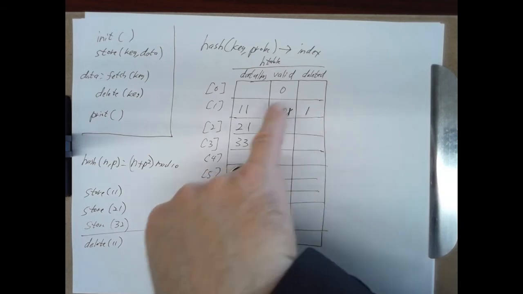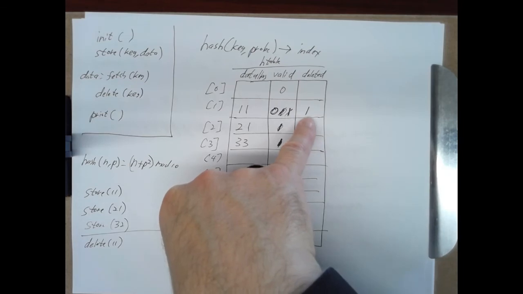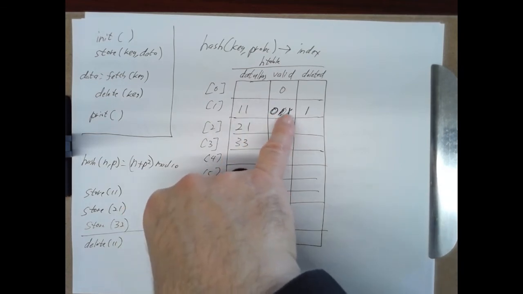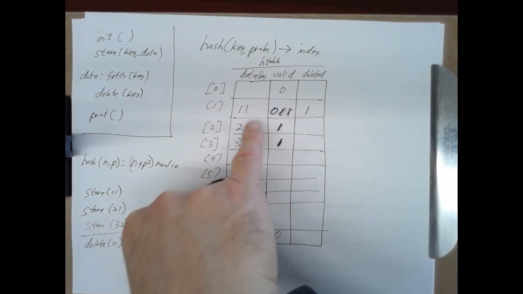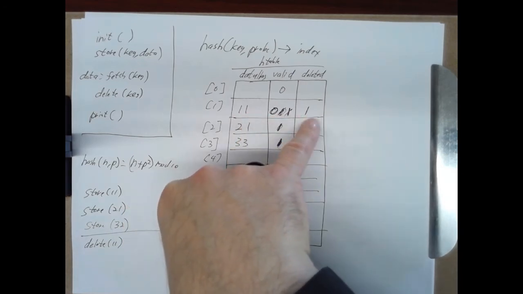When you search for something, if it's not found at this location but it was deleted, go ahead and rehash and search again. When you search for something, if it's not at this location, keep going, but if you search for something and it's an empty location and it was never deleted, then your search is done and you didn't find your number in the table.